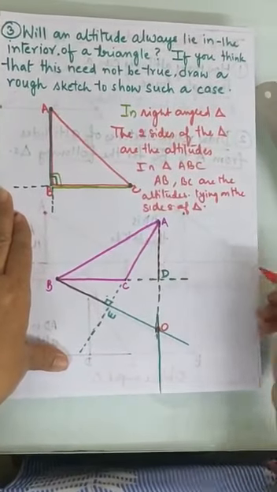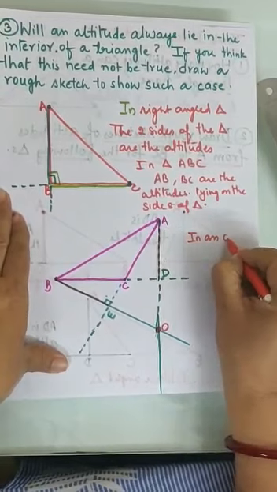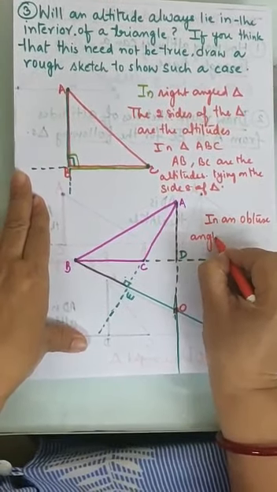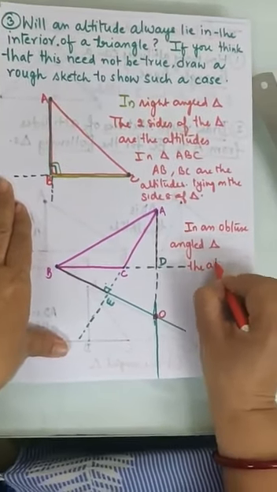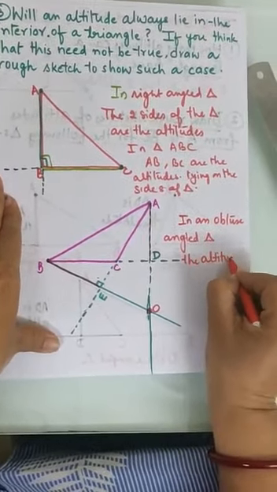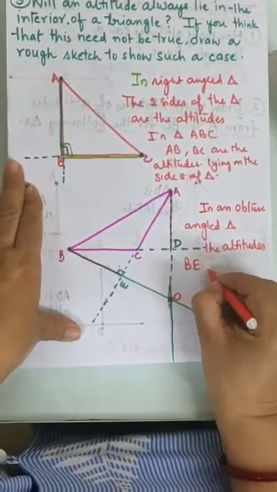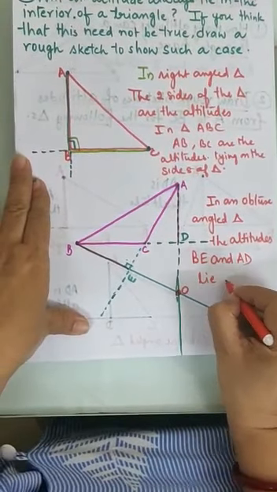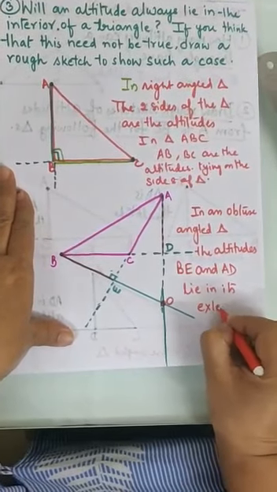So here we write, in an obtuse angled triangle, the altitudes BE and AD lie in its exterior.